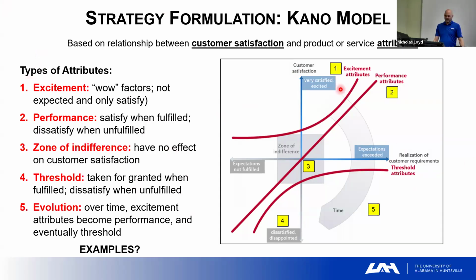So quadrant 1 is if a feature or an attribute or an idea is a wow factor or an excitement. What that tells me is those are things that only will satisfy a customer because they're not expecting it and may not have even known they need it.